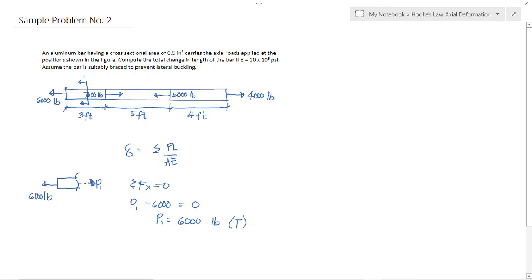Okay, next. In this section, from 3 feet to 8 feet, itong portion na to, cut naman ulit kayo. Kasi naka-encounter siya ng 7,000 pounds. So, cut ka dito. Let's say this section as 2, 2. Okay. So, this one is considering section 1, 1.